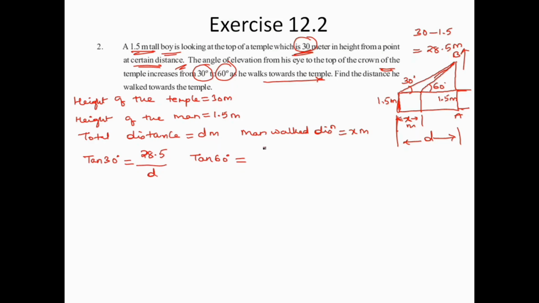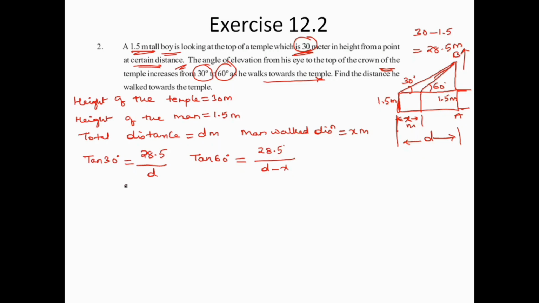Over here it is around 60 degrees. Now this is 60 degrees also taken as 28.5 by the adjacent value. Now the adjacent of this one is d minus x.